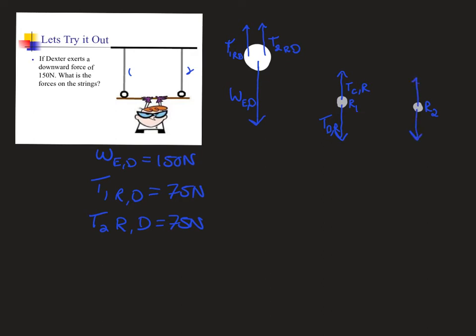And again, there should be an equalness to all of the drawings, because again, it's not falling. Dexter's not falling.